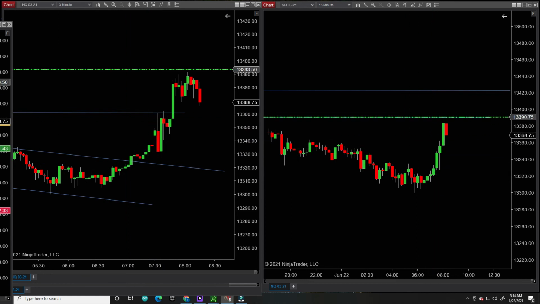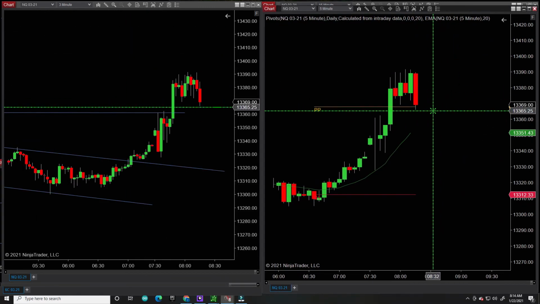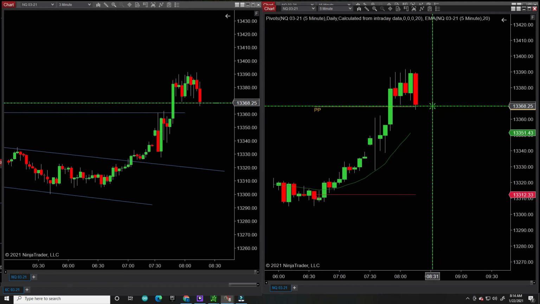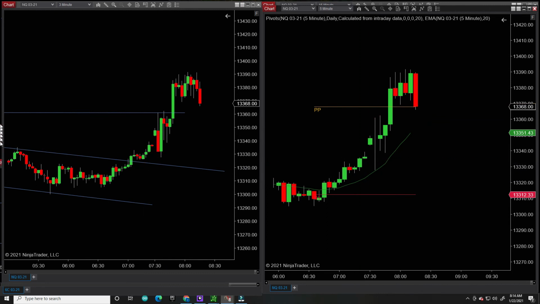There's a good chance that buying is going to come in at the bottom here. Let's see if these bulls that try to scalp here and go long can get overwhelmed. I've got all my order screens ready to go. And there's buying coming in.